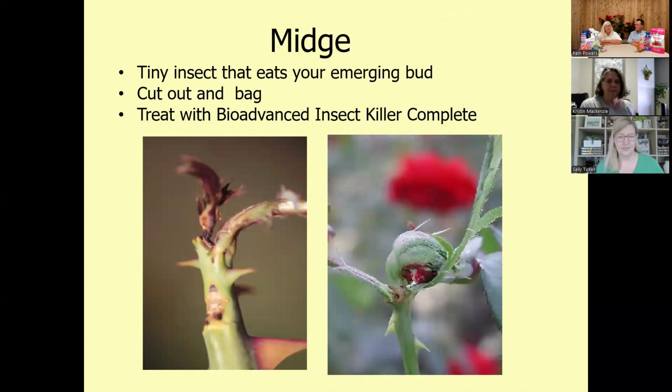But this one product, Bio-Advanced Insect Killer Complete, will take care of it. But it has to be repeated because of the cycle of blooms with roses: spring, summer, fall, and sometimes we get a bonus season because now it's warmer, the season starts earlier and ends later. So sometimes we get spring, summer, fall blooms, and a bonus bloom towards the end of October.